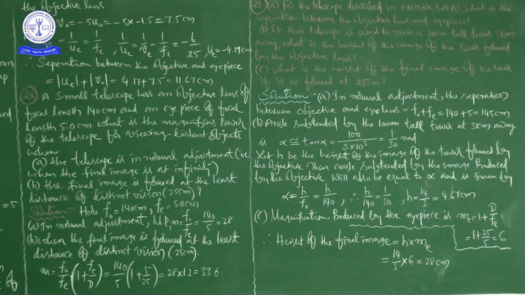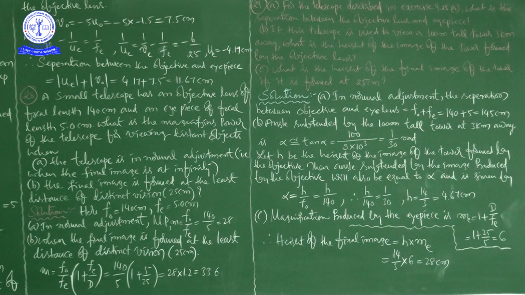First we found v_0 and then we found u_e. After that, by substituting in this formula, we got the separation between the objective and eyepiece as 11.67 centimeters.